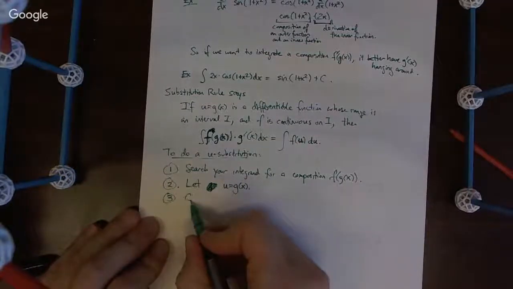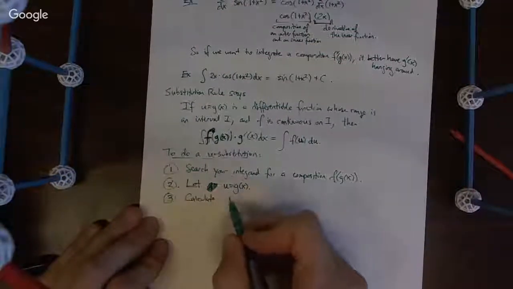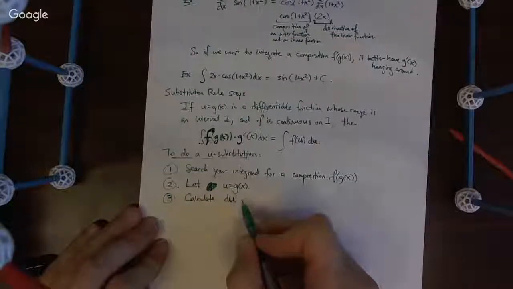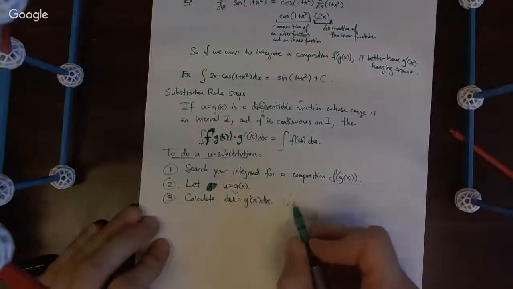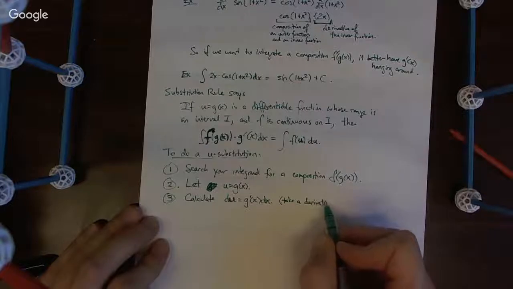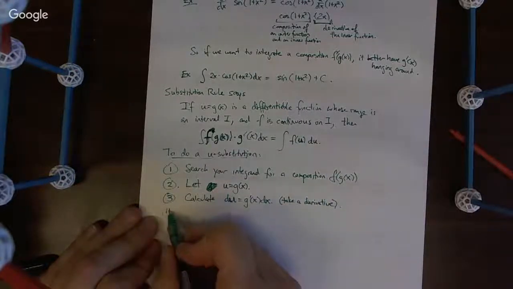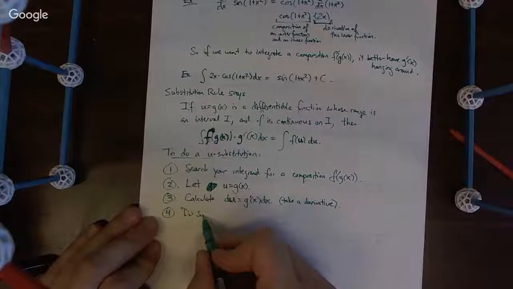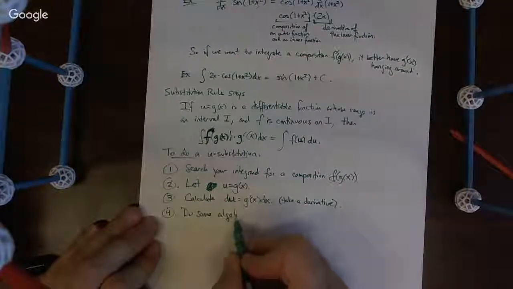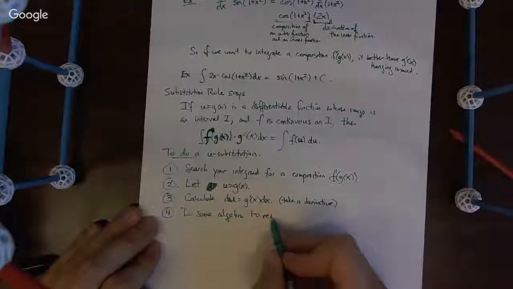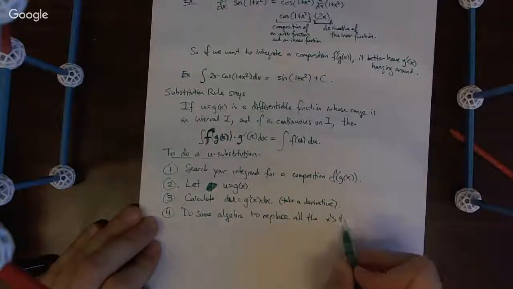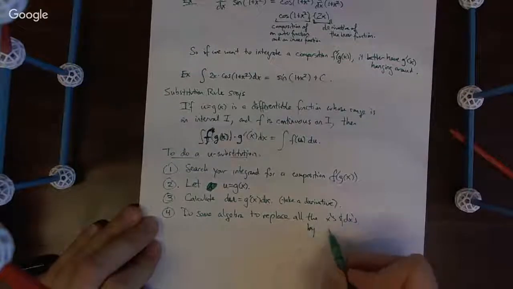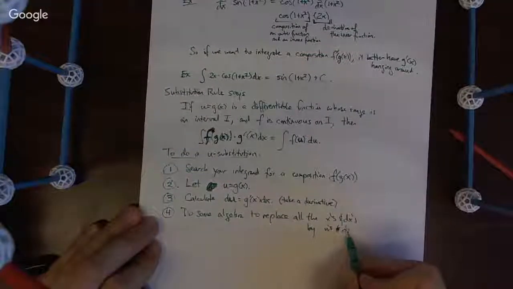Number 3, calculate du, which is equal to g primed of x dx. So we have to take a derivative here. Number 4, do some algebra to replace all the x's and dx's by u's and du's.